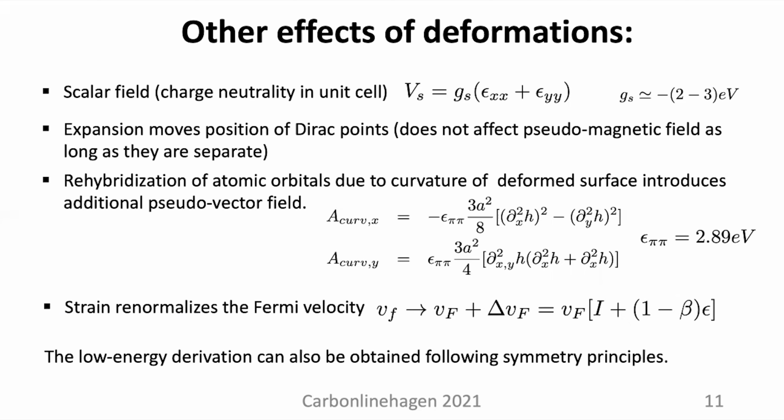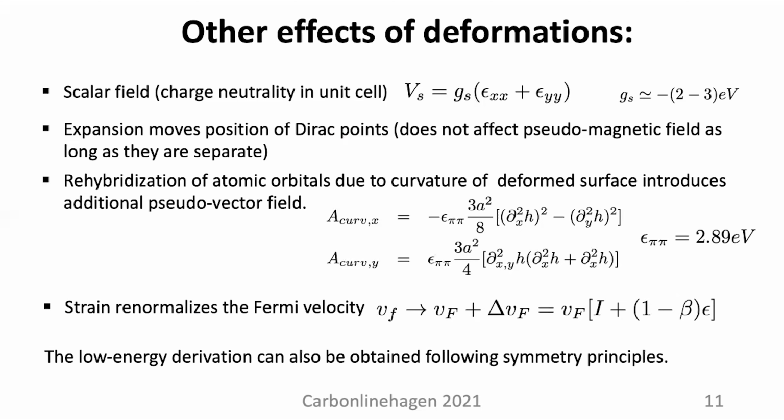They don't move very far apart as long as the strain is small, and as a consequence it does not affect the emergence of these pseudomagnetic fields, as long as we can think about the valleys as being separated, not overlapping. So these terms are not important unless you are in the regime where the two valleys talk to each other.